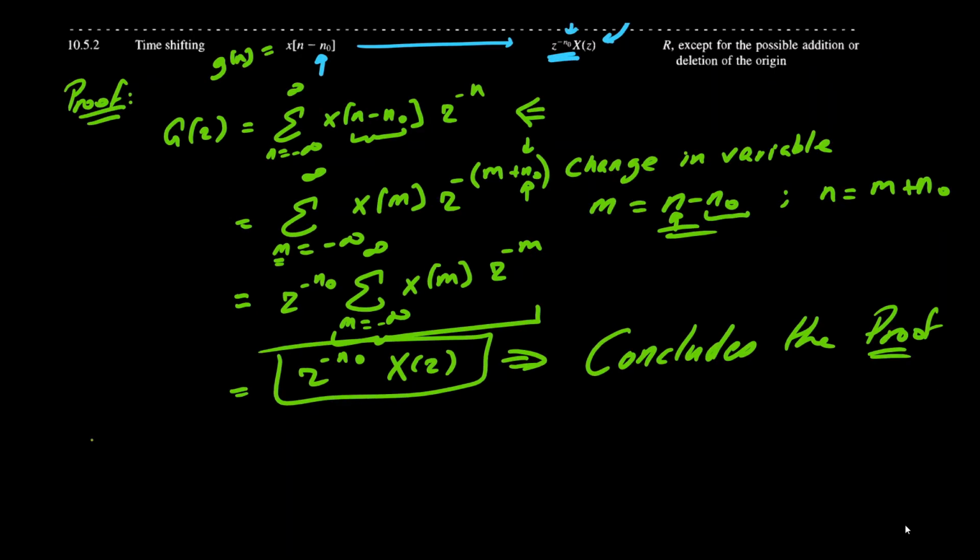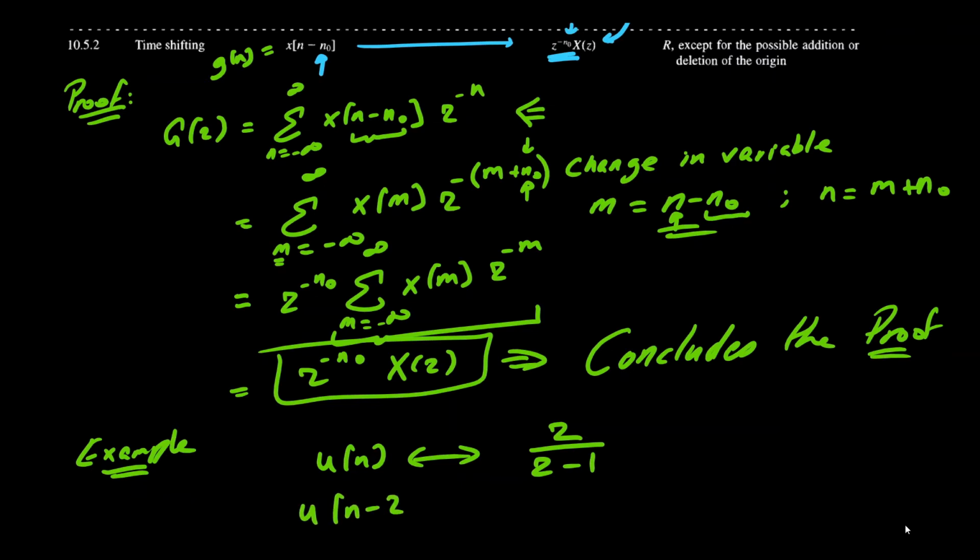To just cause some reflection on this property, we know that u of n has a Z transform which is z over z minus 1. But say we are shifting this by 2 units. That is, we are delaying it by 2 units, n minus 2. So in this case, from here we would have 1 over z squared times z over z minus 1.